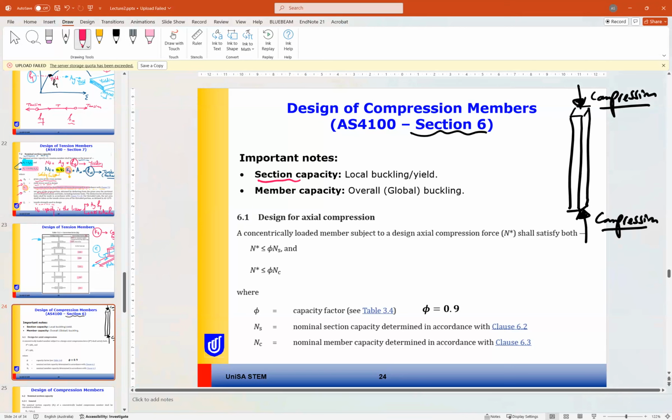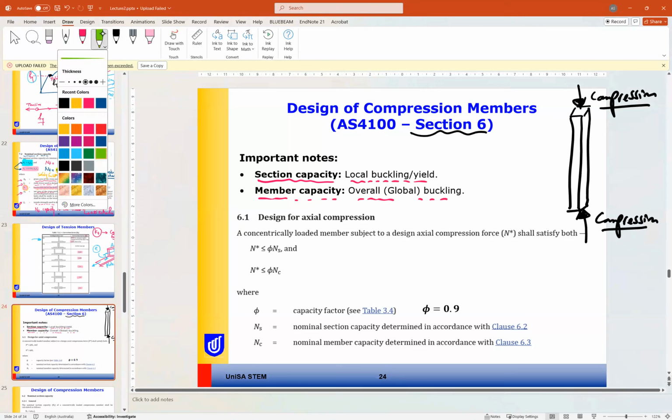The first one is the section capacity, considering local buckling or yielding of the member, and the second is member capacity, considering the overall or global buckling of the member. Why? Because the member under compression is susceptible to buckling.